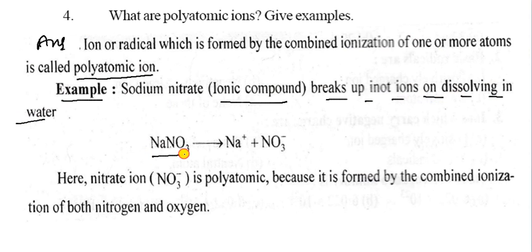It is sodium nitrate, it gives sodium ion and nitrate ion. Here nitrate ion is polyatomic because it is formed by the combined ionization of both nitrogen and oxygen. So it is combined with oxygen and nitrogen, so it is called polyatomic ions. So that is your answer, you can write in your copy.